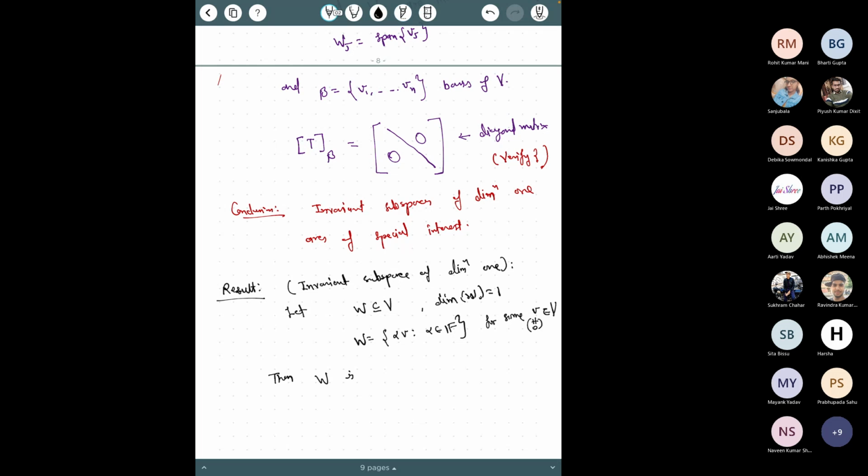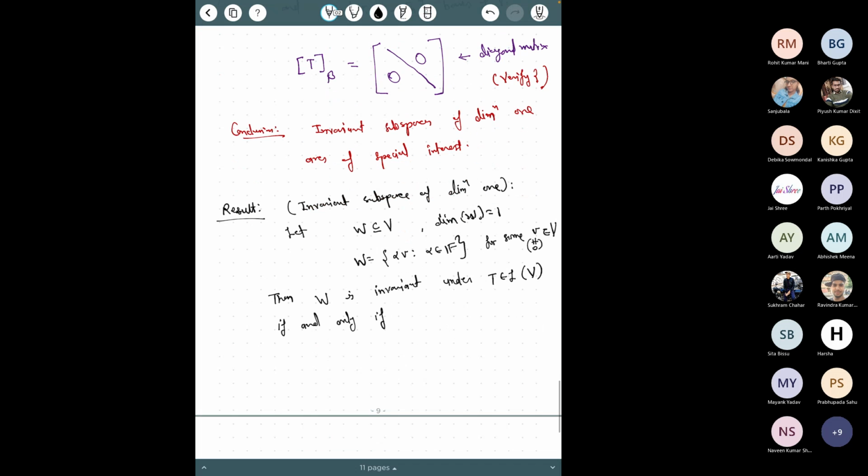Then this W is invariant under the linear transformation, an operator T on V, if and only if T of V is equal to lambda times V for some lambda in F, where F is the underlying field.